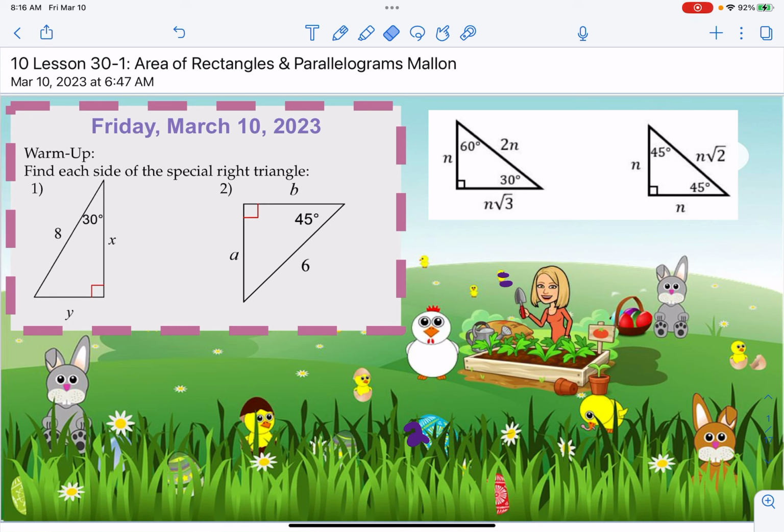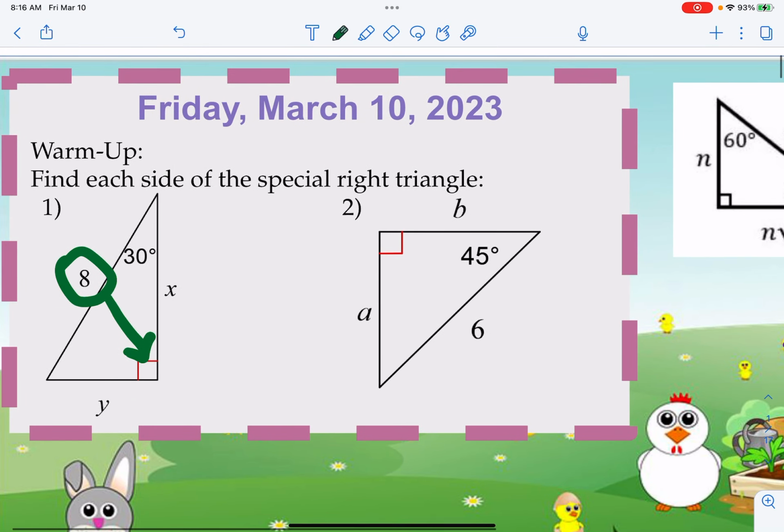Okay, so starting off with number one, we want to look at what we have. This side is going to be 8 here, and across from it is your 90-degree angle, which aligns to 2n from your 30, 60, 90 triangle. So we have to find n by setting 2n equal to 8, and so n would be 4.